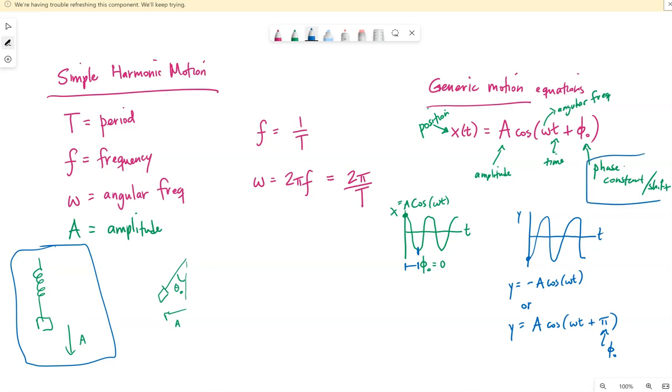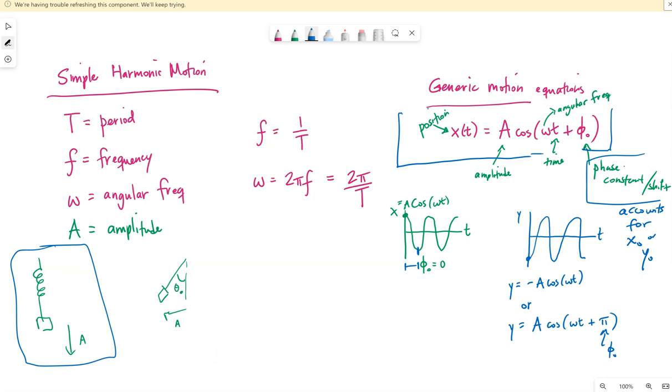This phase shift accounts for the initial position. So x initial or y initial, whichever way we write the position. So it needs to be in this generic equation so that we remember to account for the initial position of the oscillator. We will do some examples with this in a later video.